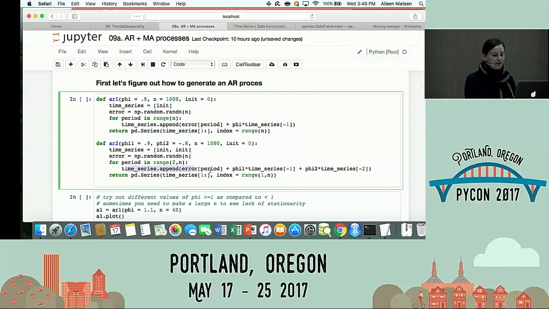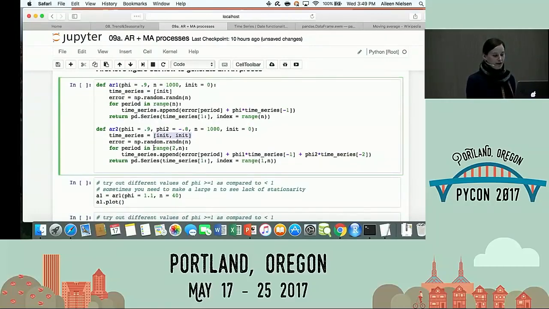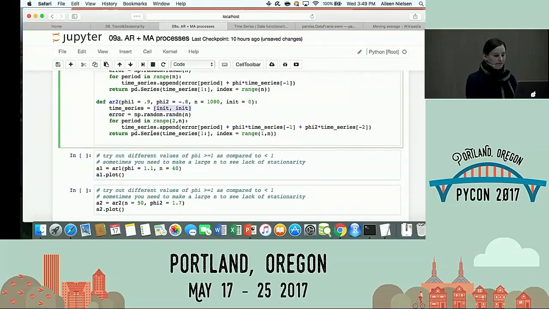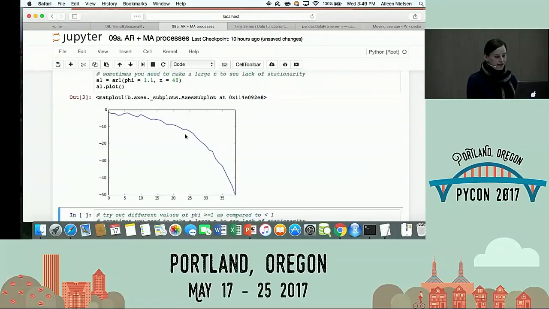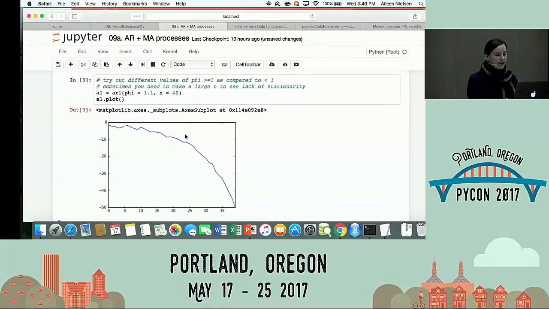So my time series is going to be my error for whatever period, plus phi1 times the value 1 moment back in time, plus phi2 times the value 2 moments back in time. And you'll notice here, because I have an AR2 process, I need 2 initial values, right? Pretty straightforward.